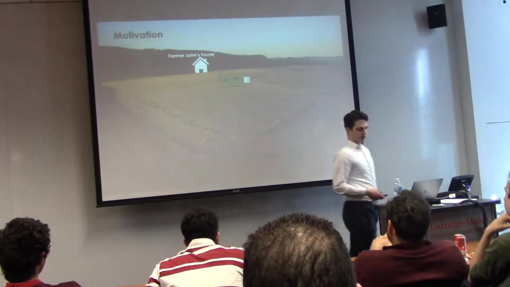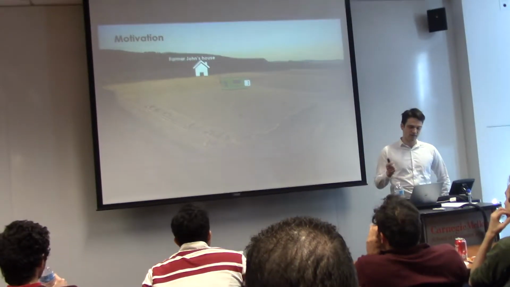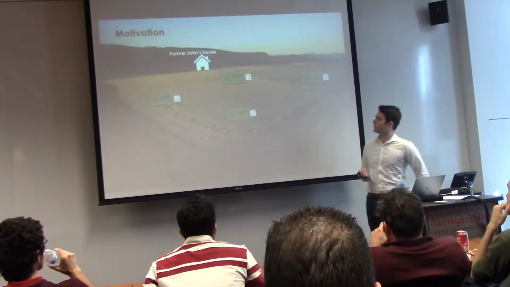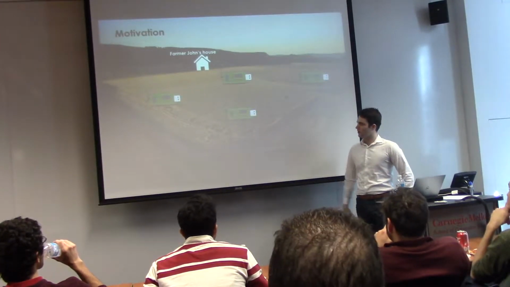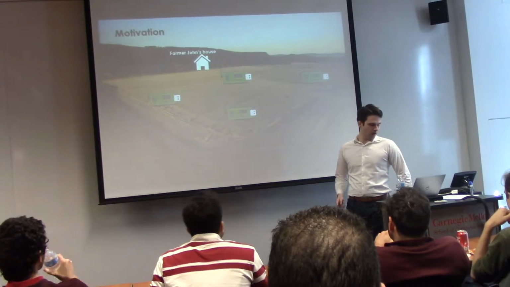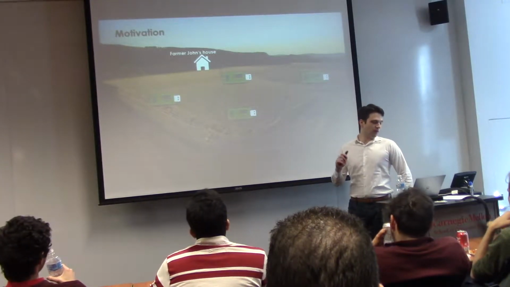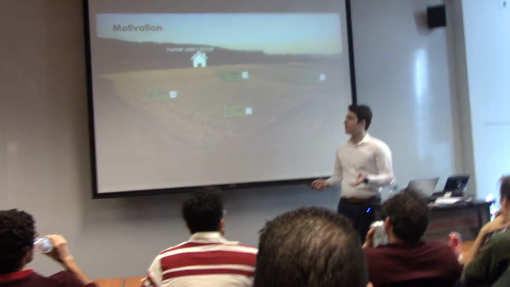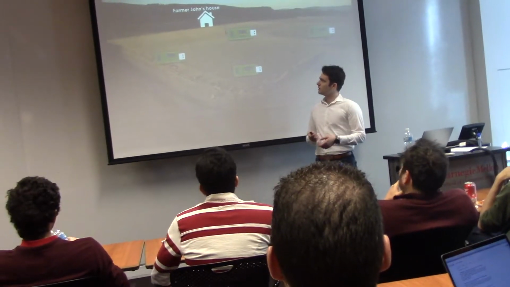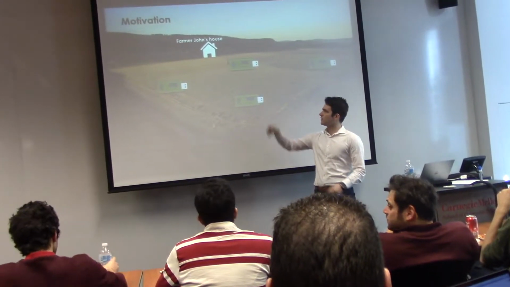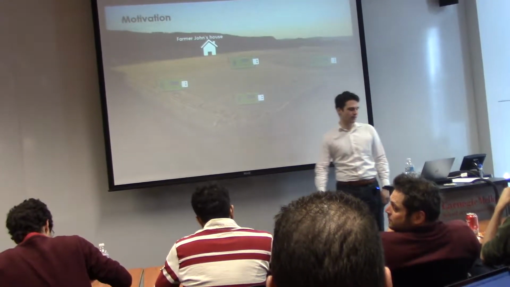Also, clearly, since one sensor doesn't do much, he bought a couple of friends for it and randomly scattered them around. Fine. But now the problem is the following. The farm is kind of big, so it's not really natural to think everything is going to be within the range of the house.